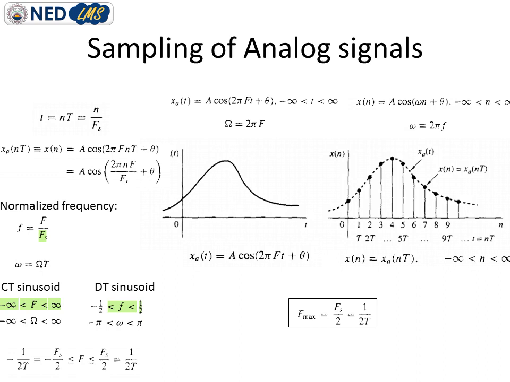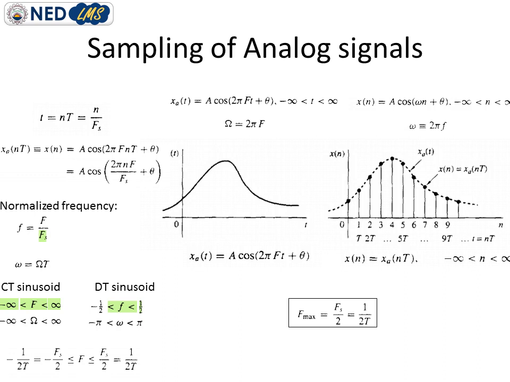or alternatively we can say that omega is equal to Omega times T, because f can be replaced by T and we are just using the radian frequency. So in terms of radian frequency, this relationship becomes omega equals Omega times T, and T is the sampling period.